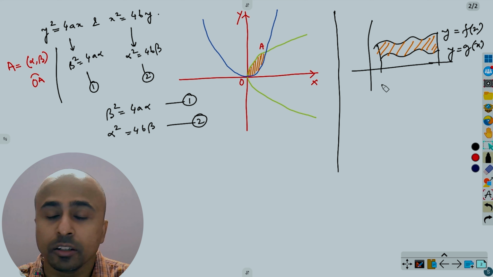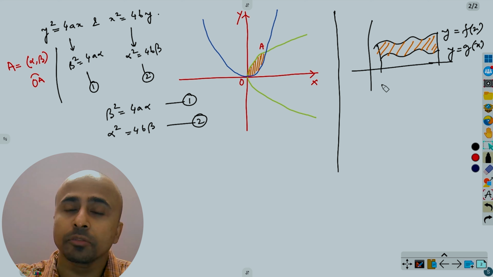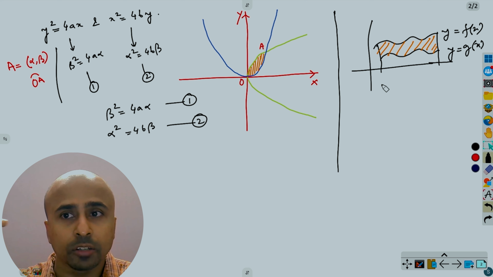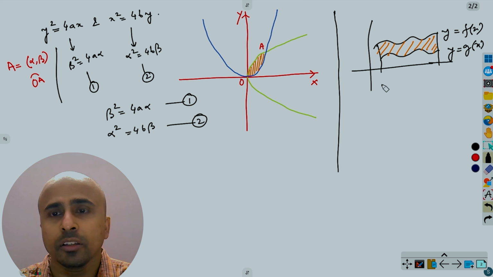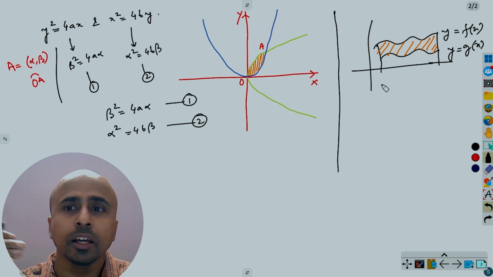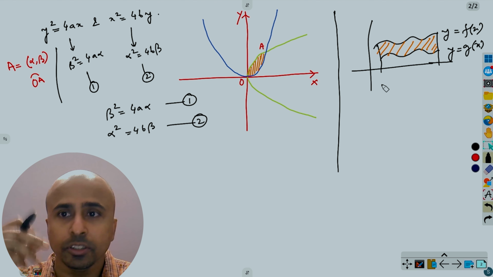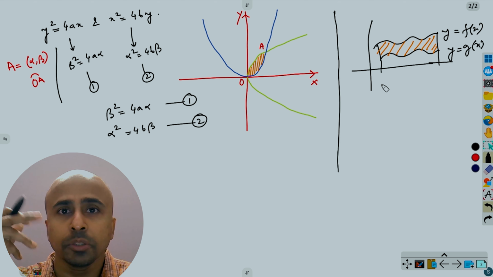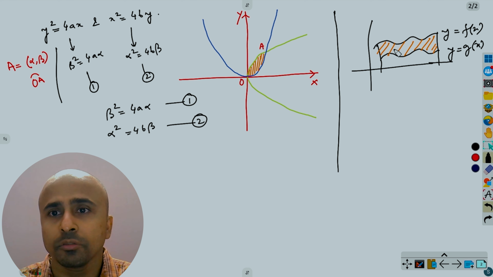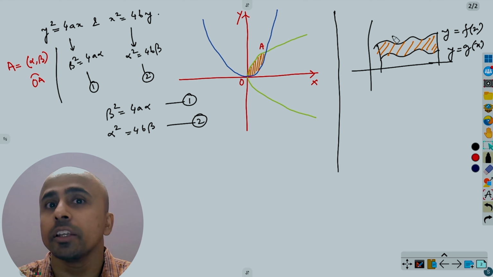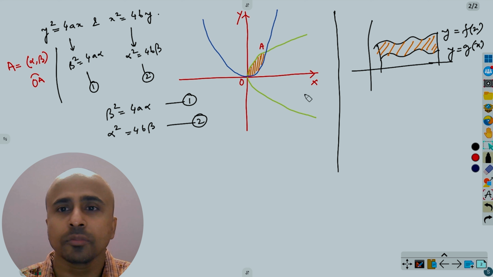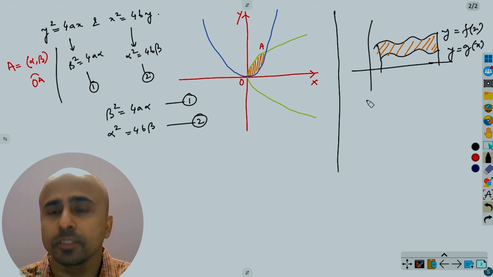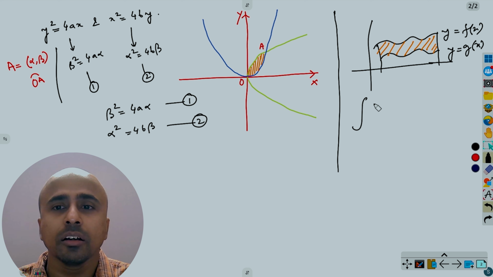What is the area of this orange part? We know the upper curve is y equals f(x) and the lower curve is y equals g(x). Then how to find the area of the region falling between these two curves? Do you know this? The formula is something like this: you just have to subtract the lower curve from the upper curve.